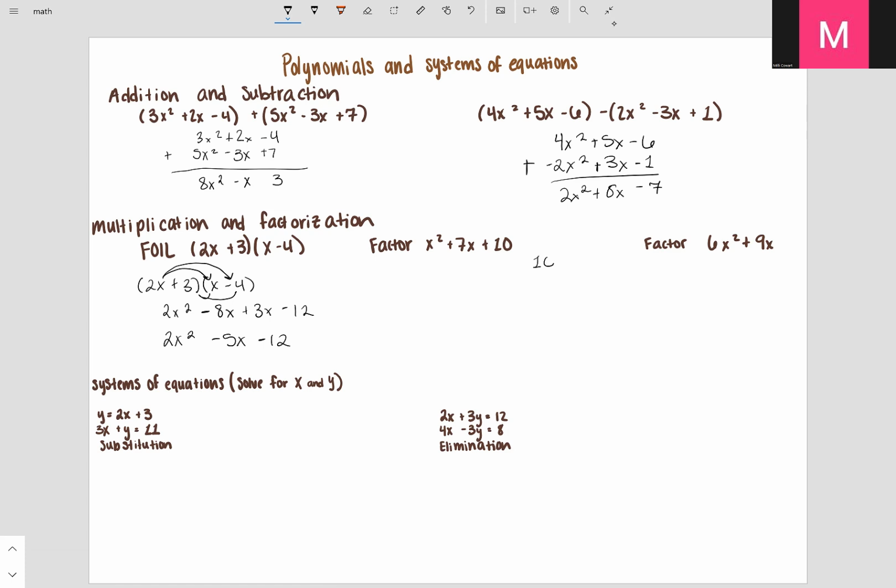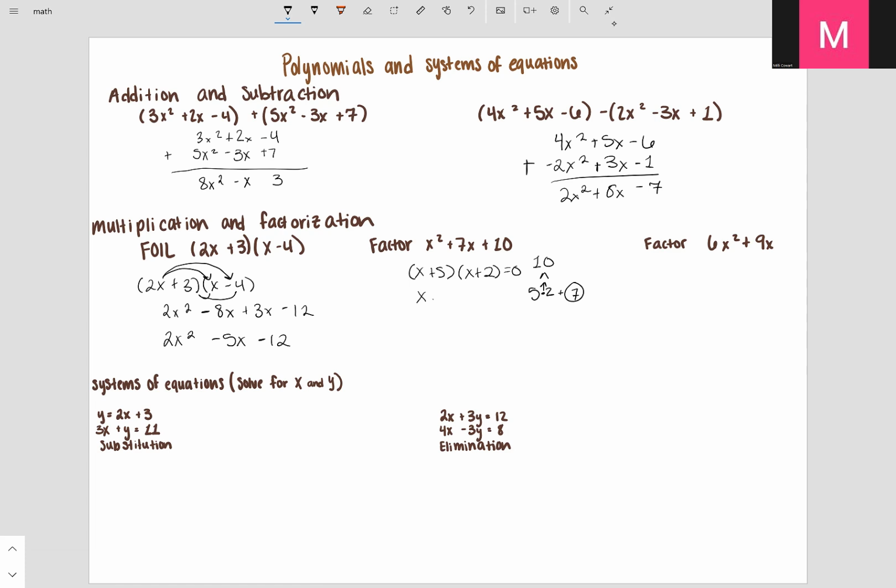And if we want to factor a polynomial, we've already sort of gone over this, but we'll go ahead and do it one more time. We have 10, we'll do 5 and 2. We multiply these numbers to get 10. We add them to get 7. So we can say x plus 5, x plus 2 equals 0.